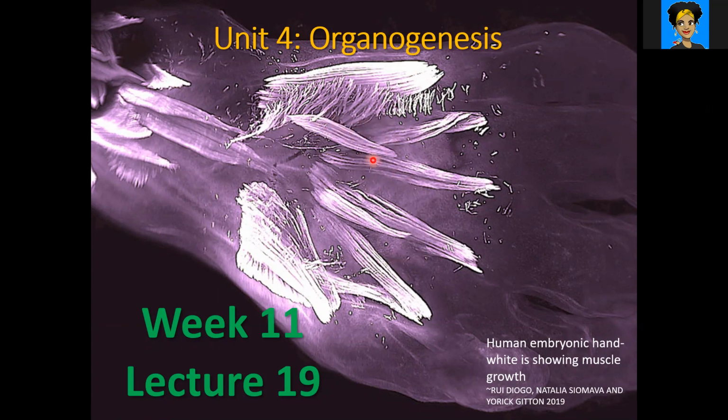This is pretty amazing imagery of human development, which we don't have a ton of pictures or live imaging for, but as technology progresses, we start to get these beautiful images, and you can see the fingers here. We're going to talk about how you get the formation of this particular type of tissue. More specifically, we're going to be focused on skeletal muscle.